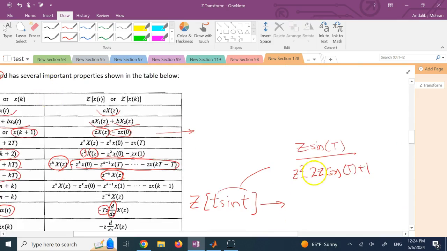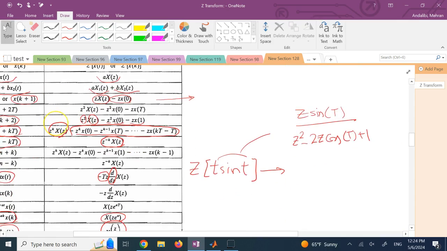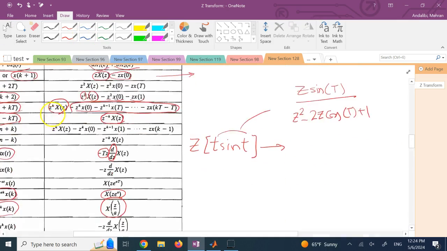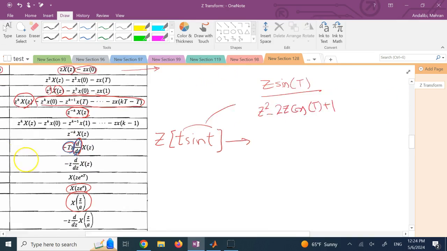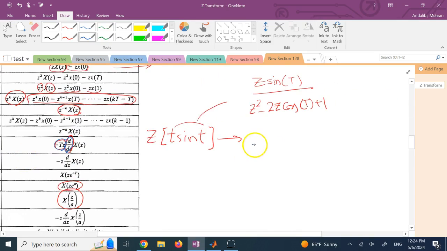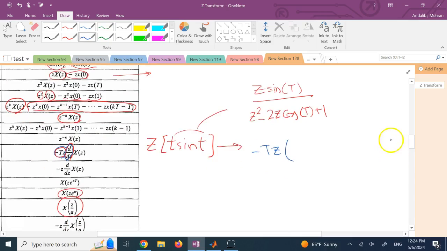So this is the Z transform of sine. Now that it is pre-multiplied by t, what should I do? What I need to do is take a derivative of that with respect to z and pre-multiply it by negative t z. So it's going to be negative t z times the z derivative of this function.